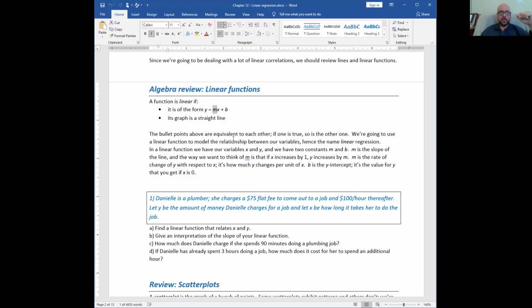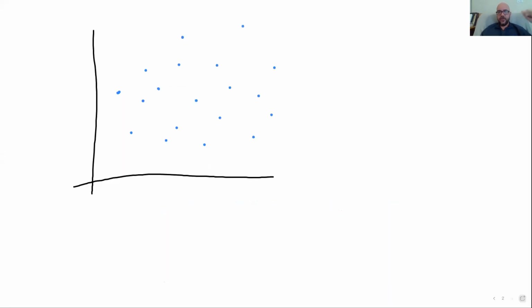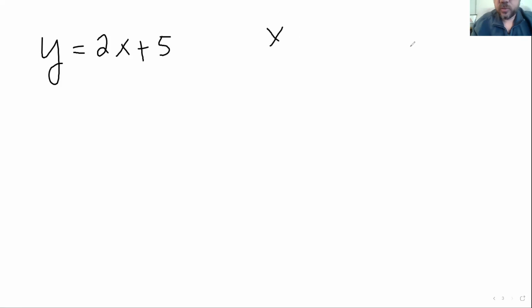So in this function, let's go over here. If we have the function y equals 2x plus 5, let me make an XY chart for it real quick. This is going to be really straightforward.